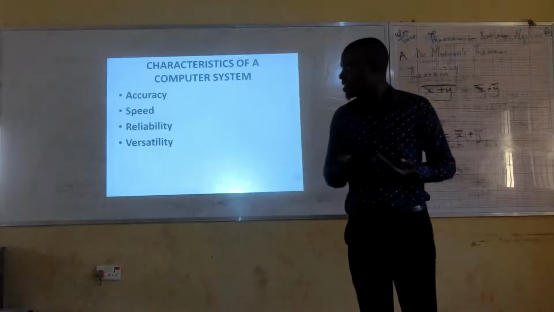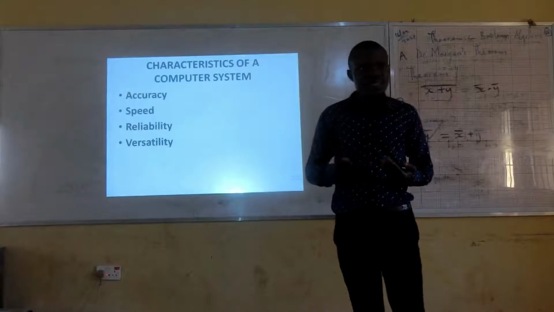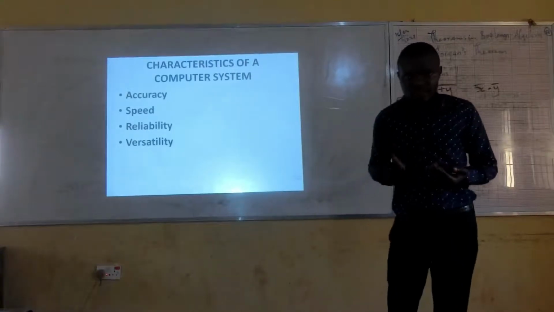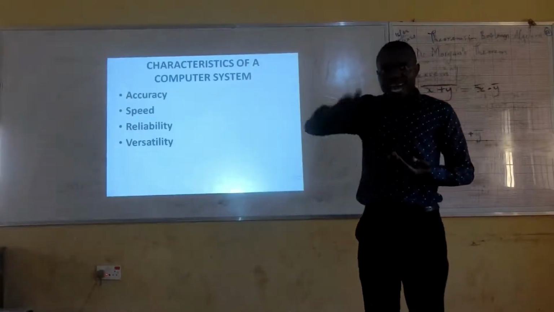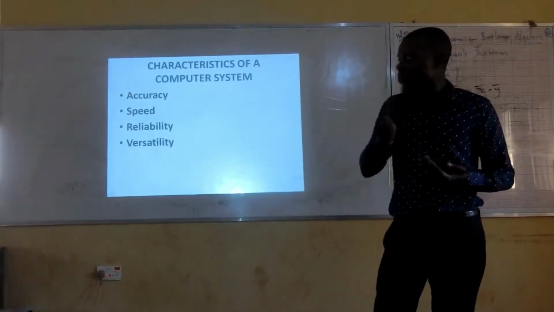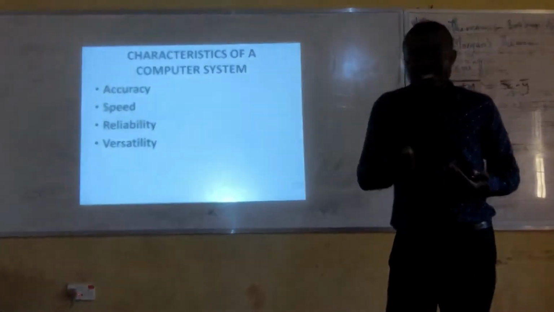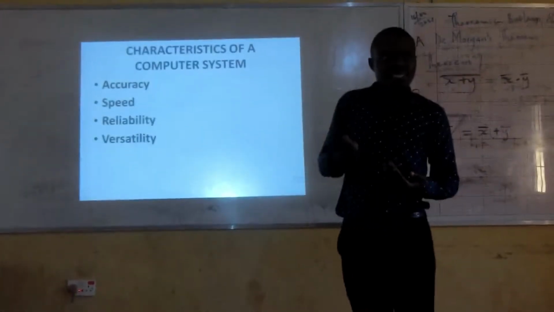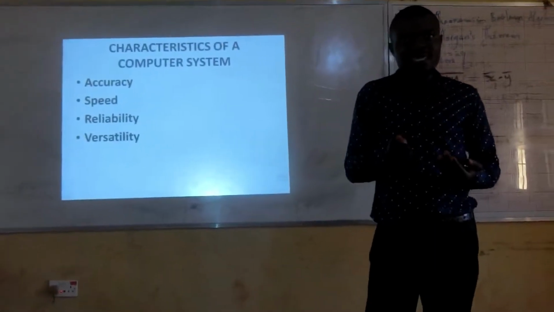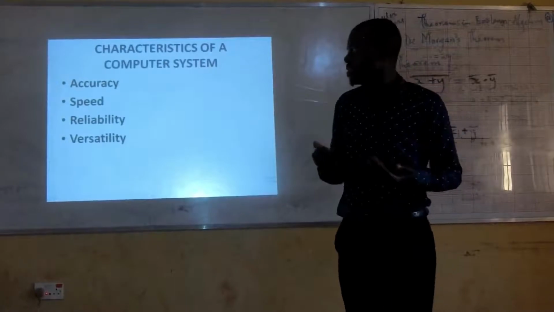Characteristics of a computer system. A computer system is accurate. The output of a computer operation is always accurate. If there is any case we have an inaccurate output, that means the user has entered a wrong input.